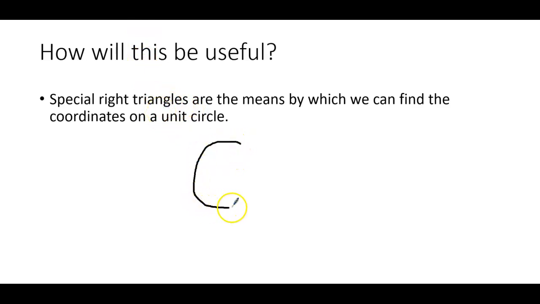What do I mean by coordinates? Well, so far we've found angles, right? And we've represented those angles with degrees. And we've also represented them with radians. But technically that is a point on a graph as well right there, right? And a point has an x value and a y value.